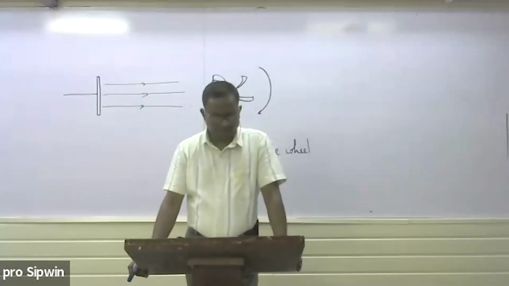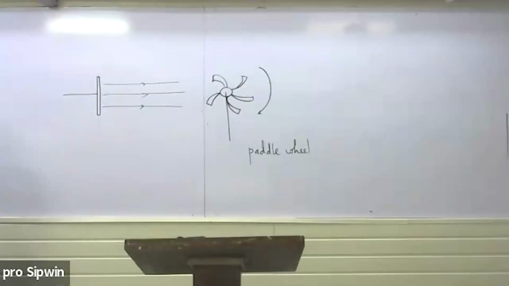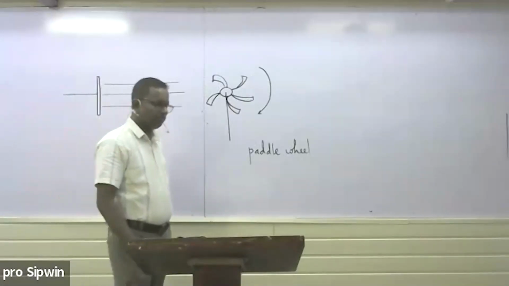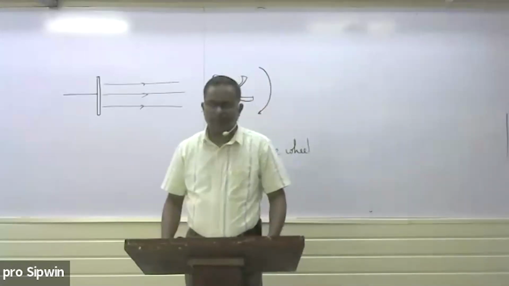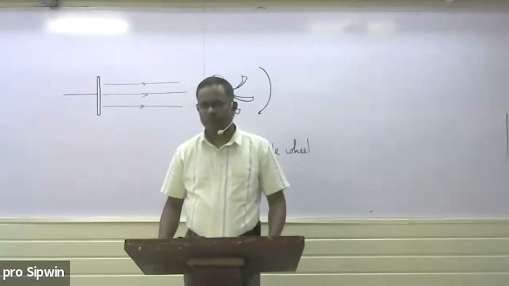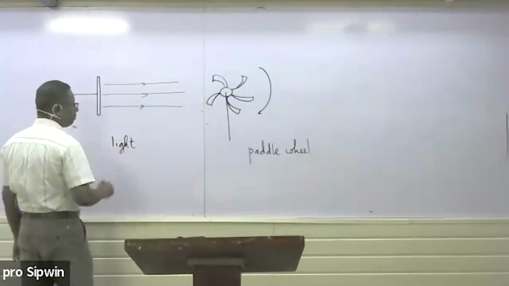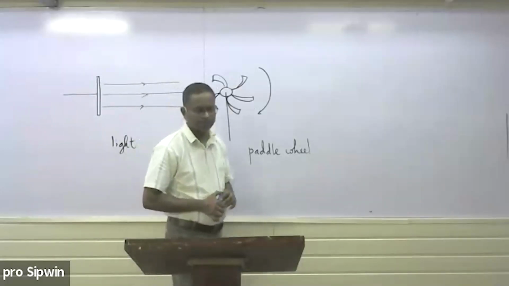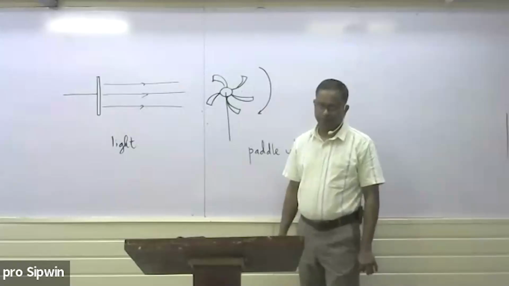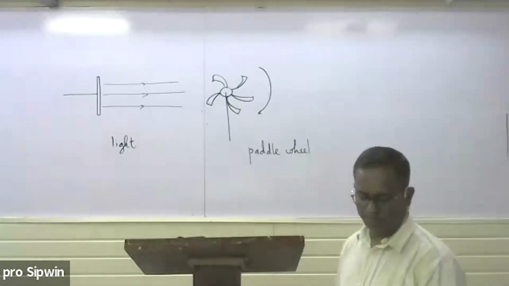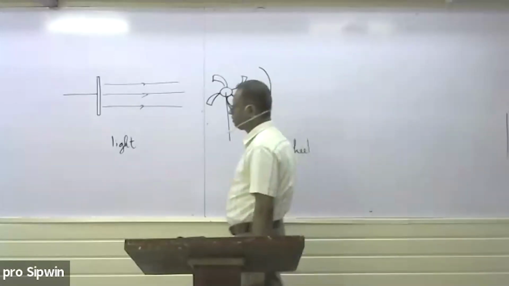This idea is confirmed by placing a light, low-mass paddle wheel in the path of the cathode rays.